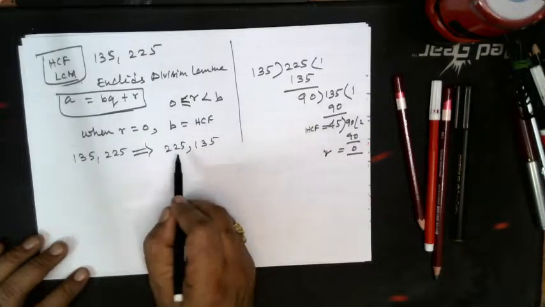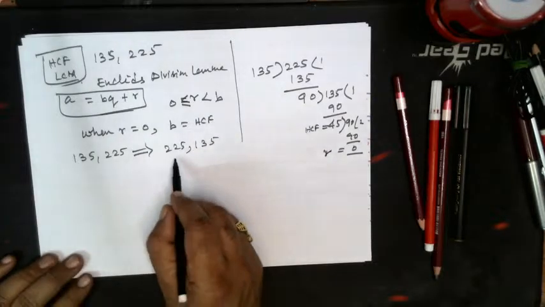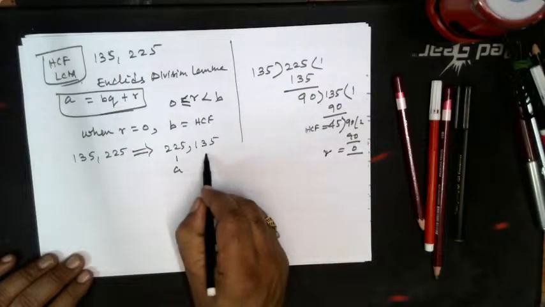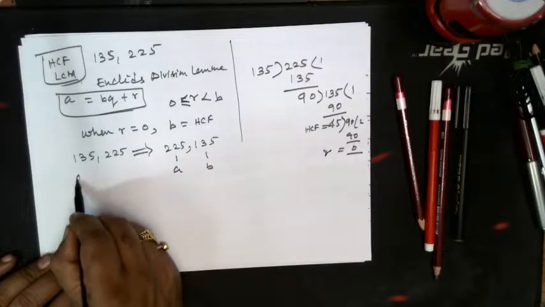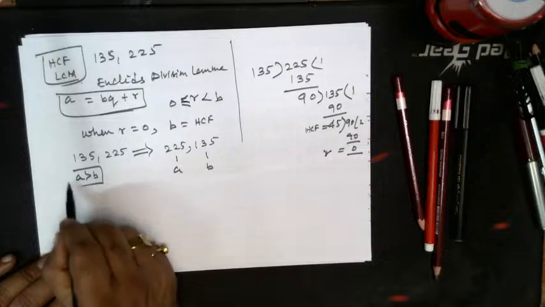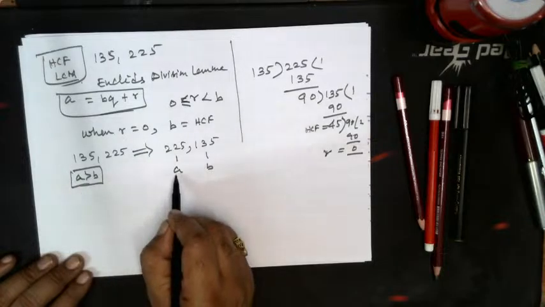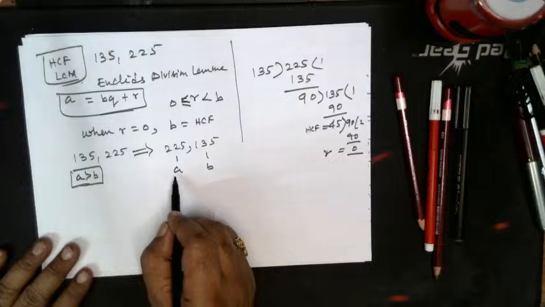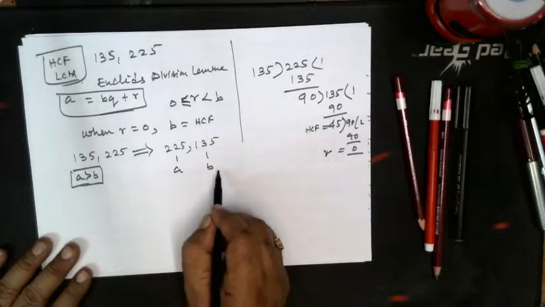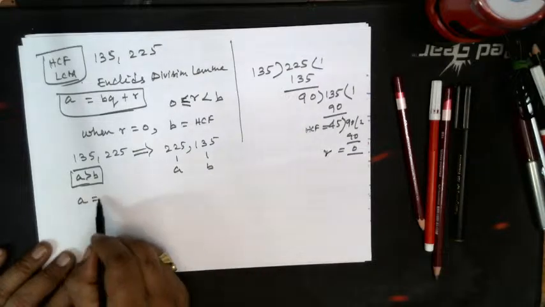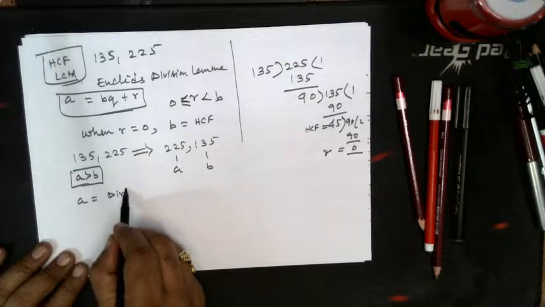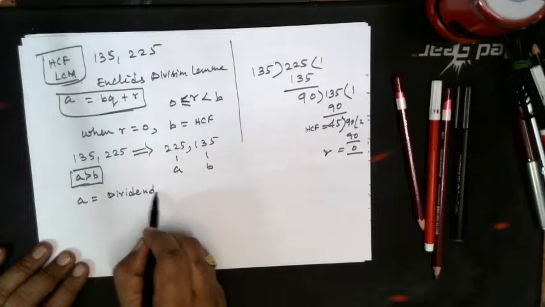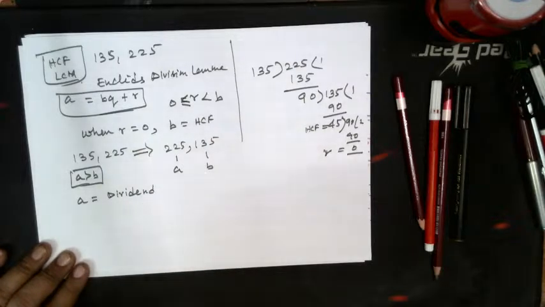Always the bigger number first, and that should be considered as A; this is B. So A should always be greater than B. It means A is the dividend, B is the divisor. Take down: A is dividend, the number to be divided.